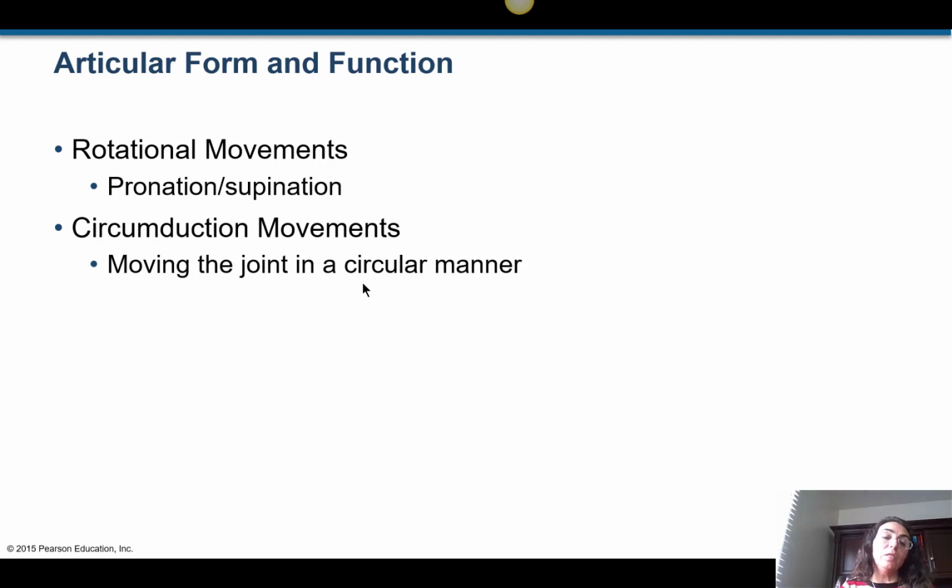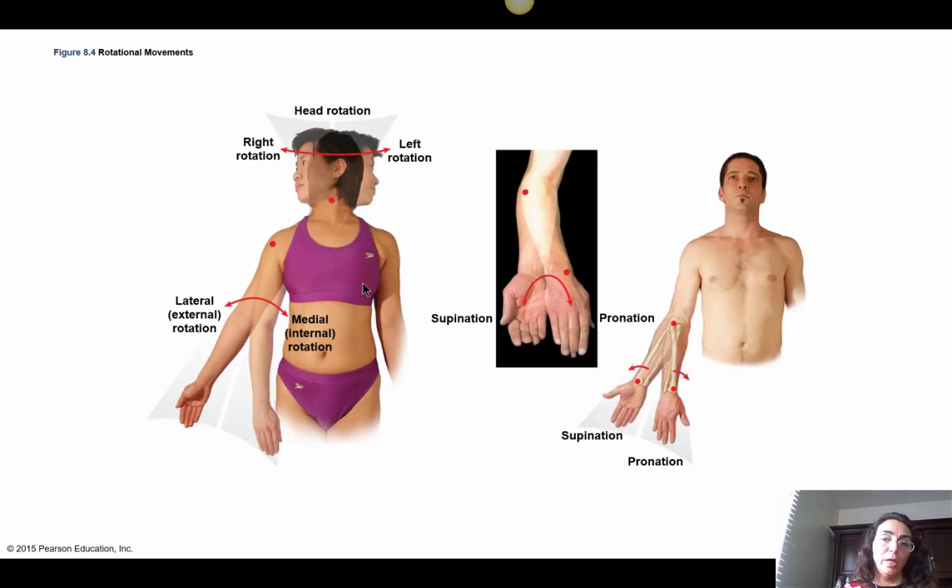But this is actually the combination of the previous three types, I mean abduction, and also flexion, extension, and also the rotation. So all those can happen to make the circumduction, and these are the movements that we have, for example, in the shoulder joint and also in the hip joint, that they are triaxial.